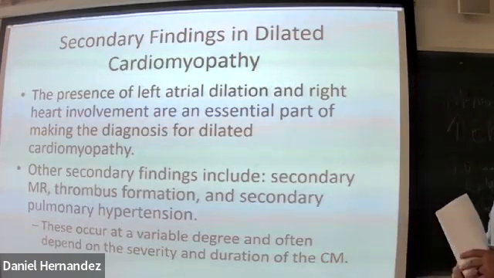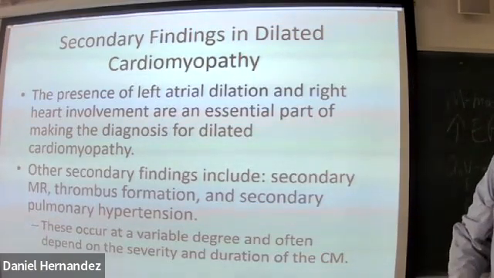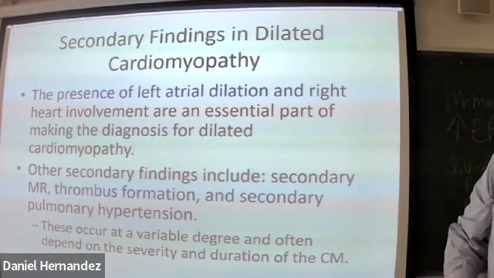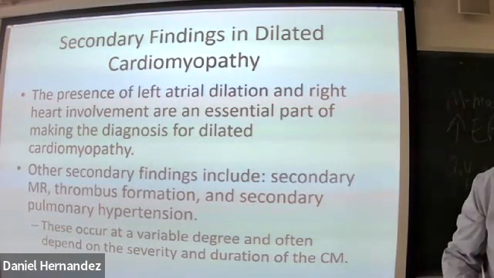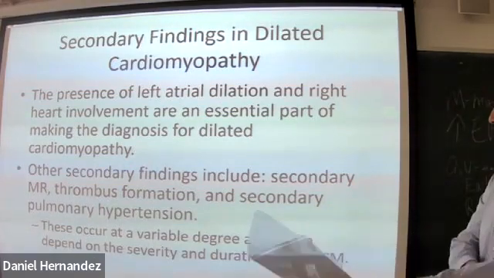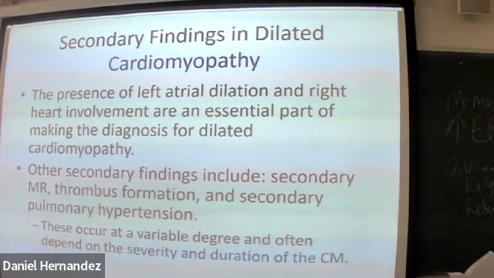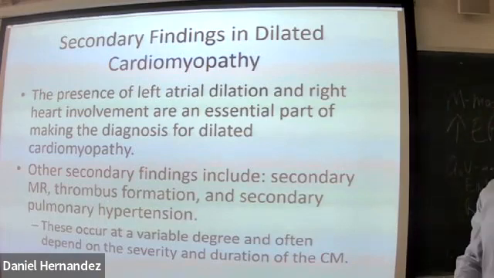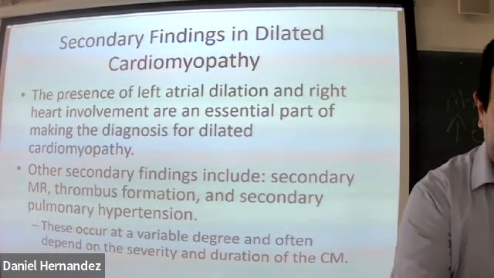So again, these often occur in varying degrees, and they often depend on the severity and duration of the cardiomyopathy.